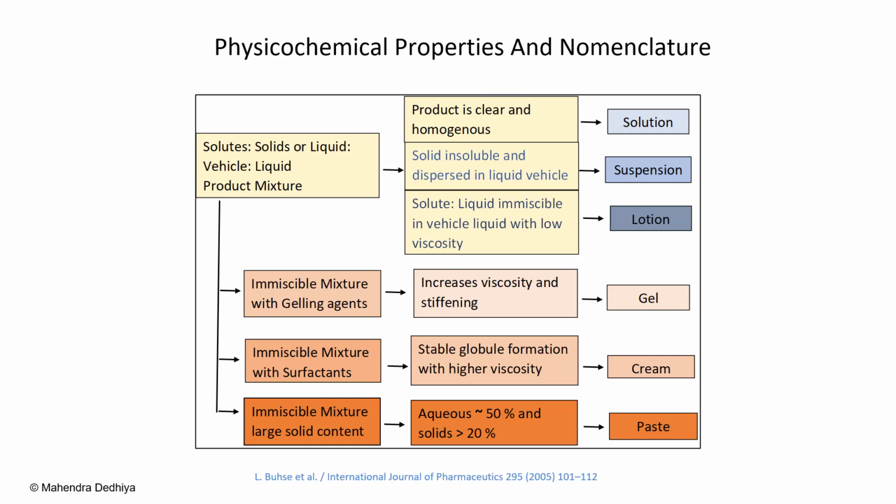So cream and lotion are emulsion formulations, except the difference being the viscosity. In lotion, it's a low viscosity, and in cream, it has a higher viscosity. Immiscible mixtures containing large amount of solids generally would be considered as a paste. So this provides further understanding of the USP terminology. And again, throughout the book, we will use this terminology.